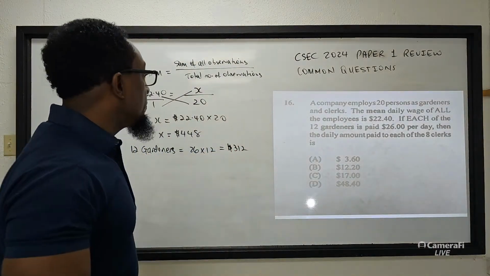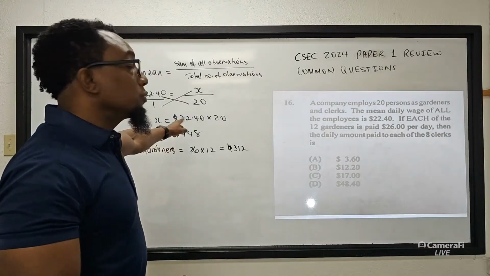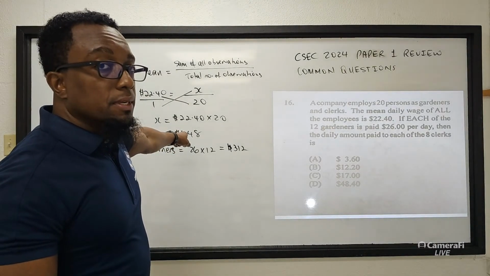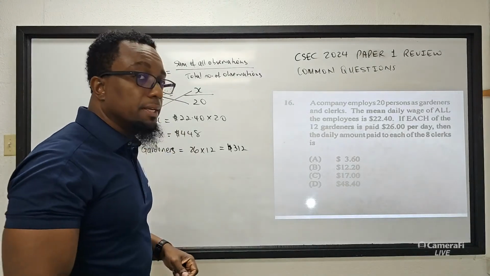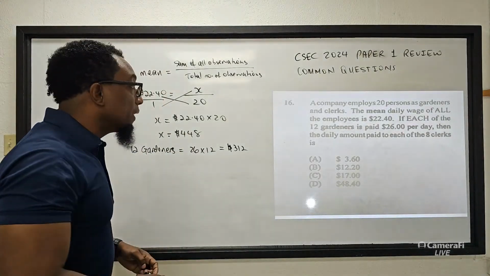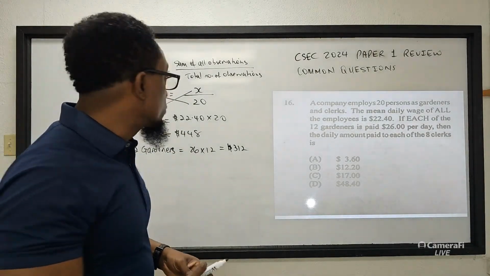So the gardeners are paid $312, and the total amount paid for all employees is $448. Then we can calculate how much will be paid to your clerks, right?